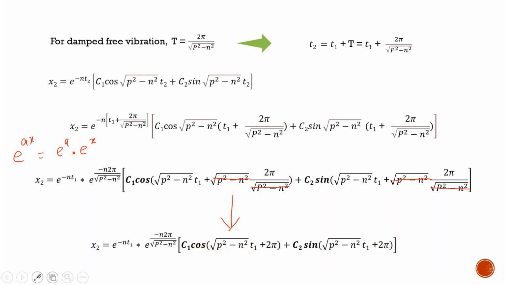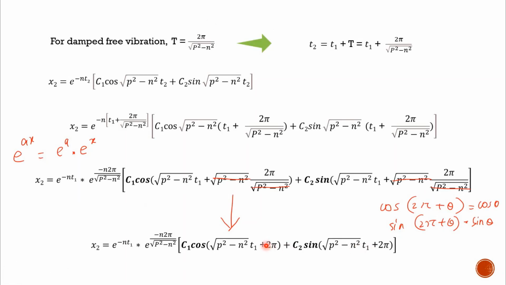It is cos theta itself, right? So cos 2 pi plus theta or sine 2 pi plus theta becomes cos theta and sine theta itself. So we can write this equation as e raised to minus nt1 into e raised to minus n 2 pi by root p square minus n square into c1 cos root p square minus n square t1 plus c2 sine root p square minus n square t1.